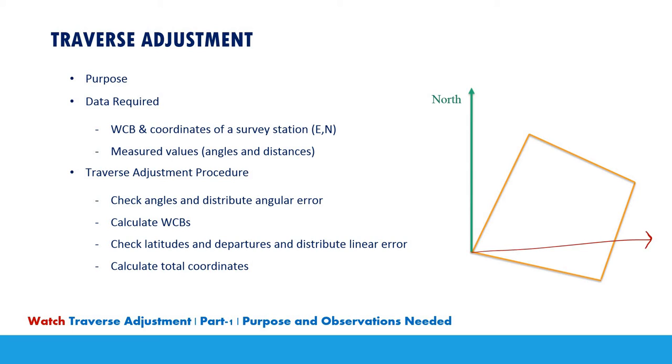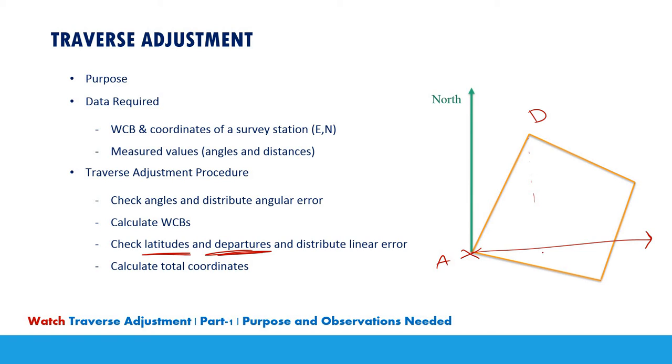Also, I explained in the previous video that we are going to check the latitudes and departures, and these are related to the distances that we measured using the total station. For station A and station D, it is very simple to calculate the coordinates.